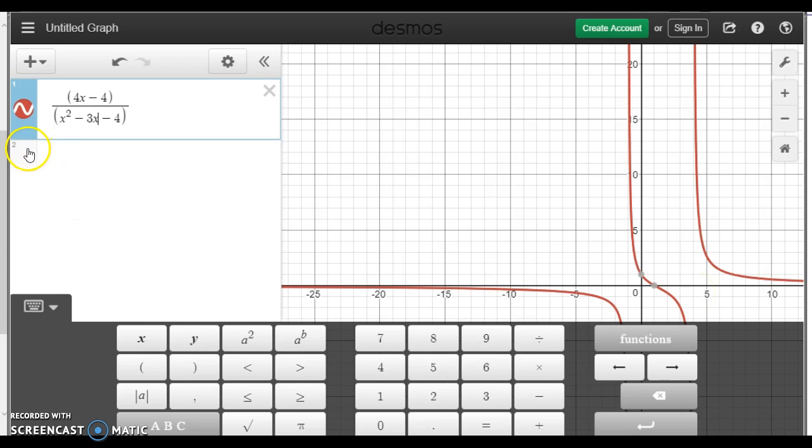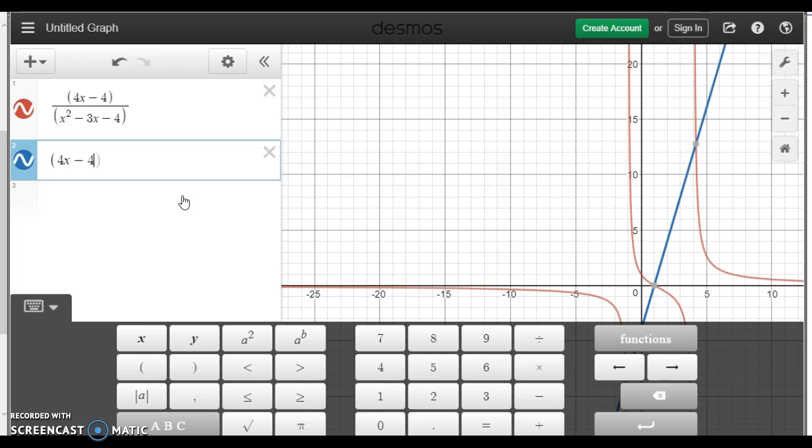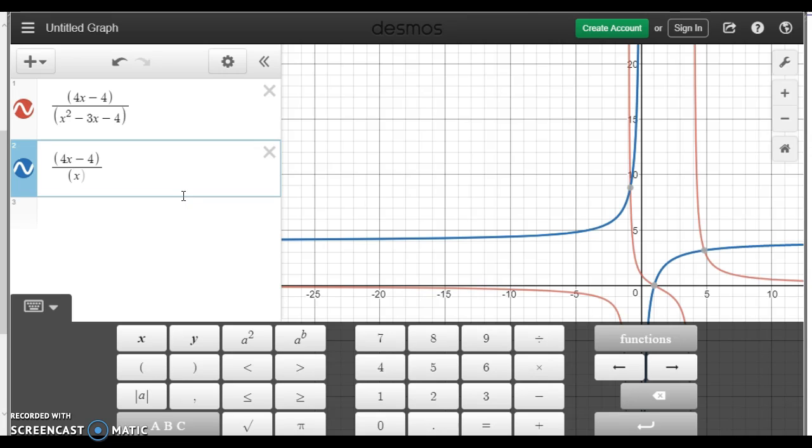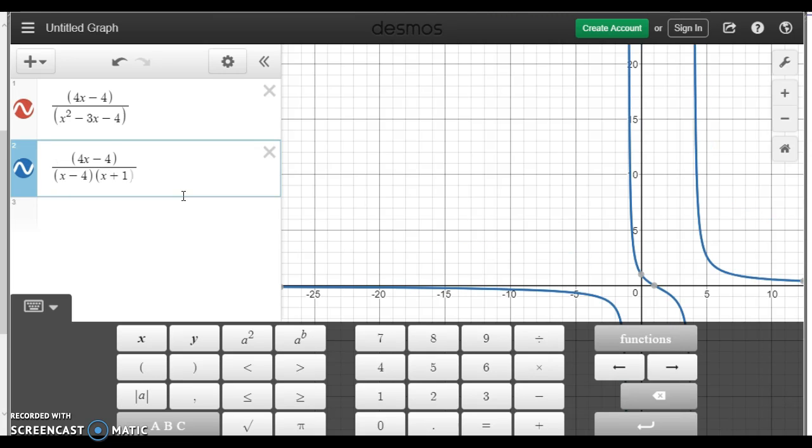How come? Because that right there is the same as 4x minus 4 all over x minus 4 times x plus 1. Look at the same graph, because you can factor that bottom down.